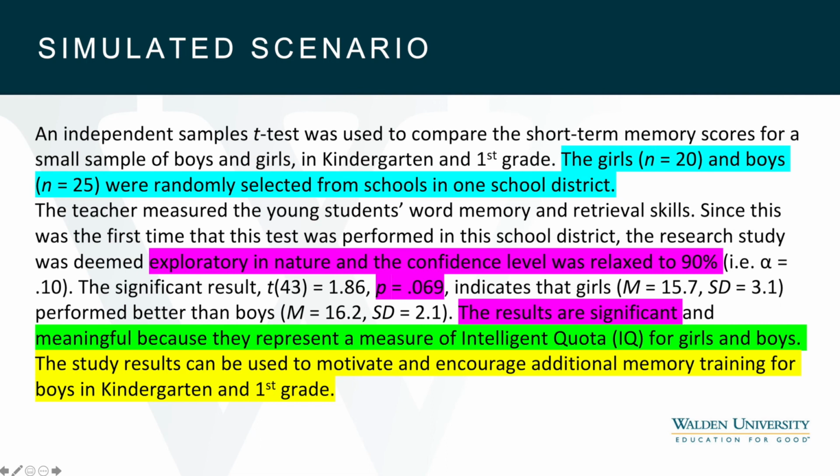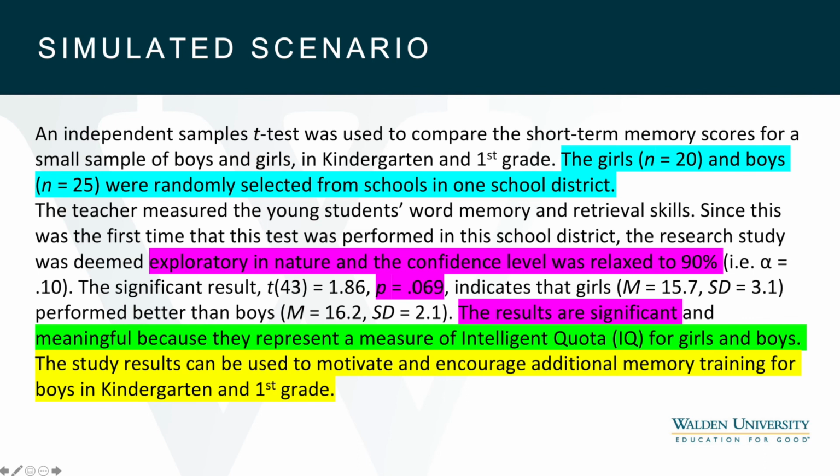There's not much exploratory here. The field of education is very well developed, and I can imagine that this is not the first time that we have compared short-term memory scores for a small sample of boys and girls. So I would not call this exploratory in nature. So I question the fact that the bar has been moved.